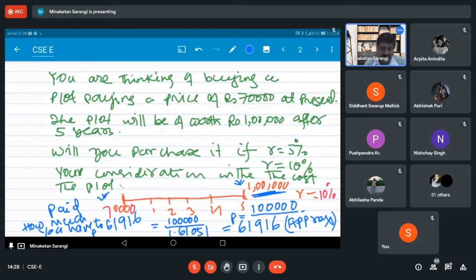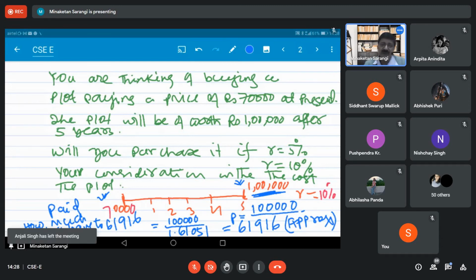Okay. Now, if we go with 10% rate of interest, what we are finding is the present value of 1 lakh for a period of 5 years, compounded annually, is 61,916.